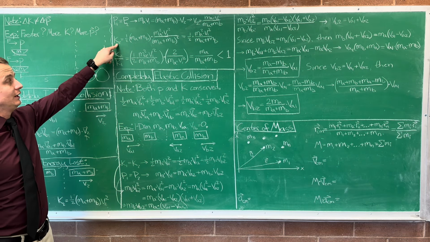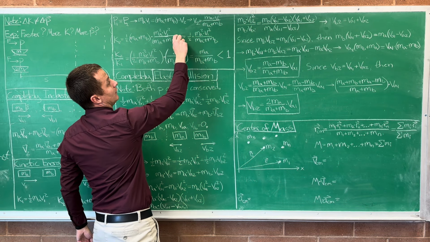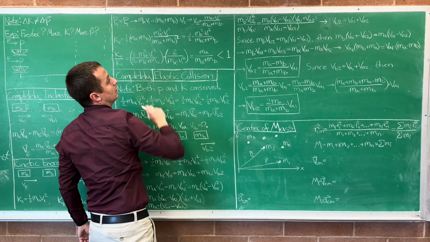So kinetic energy afterwards is equal to 1/2 m times V2 squared. Here's V2, here's V2 squared. That's a square right there. Good so far? Notice, MA plus MB squared, cancel one of those out with one of those. We get 1/2 MA squared times V1 squared over MA plus MB.